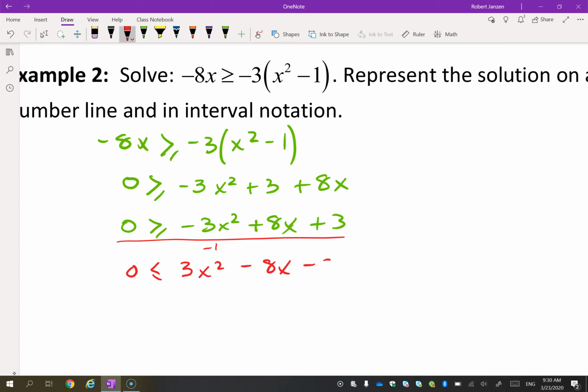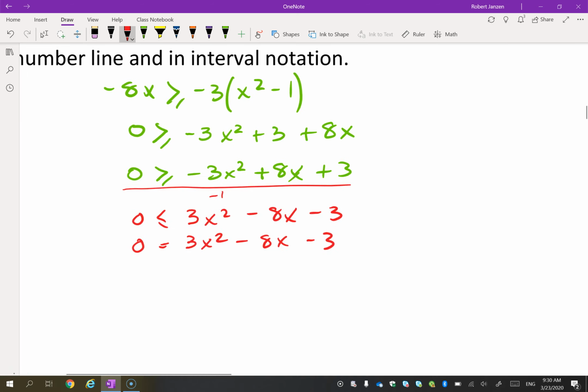Okay. So now let's change this to an equality. And I think this is, at least for me, easier to factor this way. So I get 3x plus 1 and x minus 3. Okay, so my critical values, the x-intercepts, are -1/3 and 3.